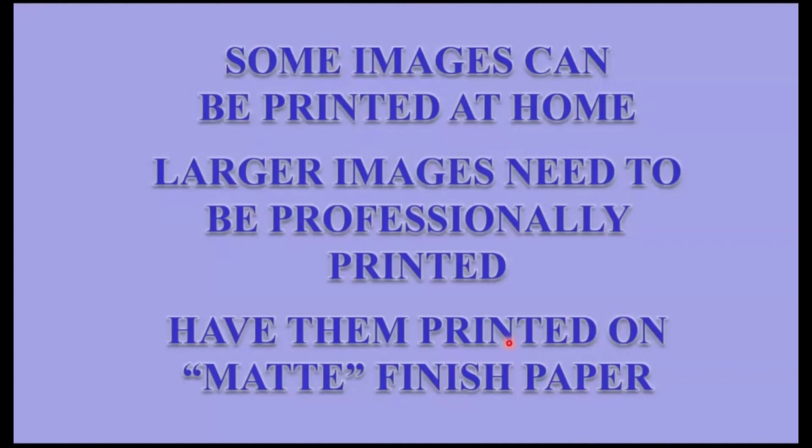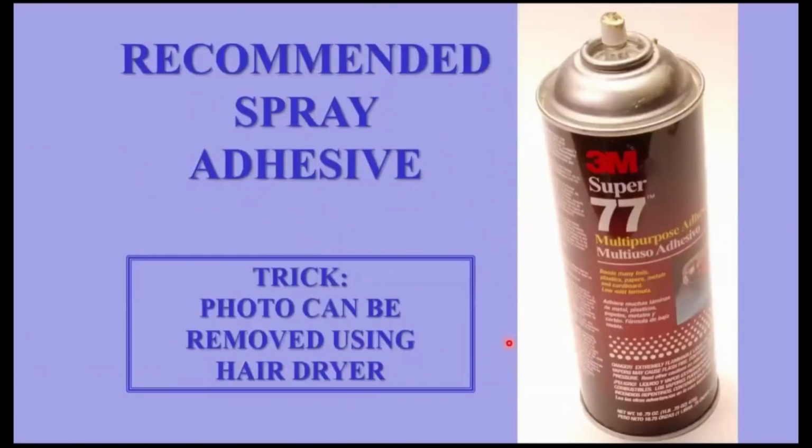And I also have it done on heavy-duty matte paper. The reason is you don't want them shiny. And I attach them with 3M Super 77 spray adhesive. And there's a trick to this in case you make a mistake and you get one corner in the wrong position.